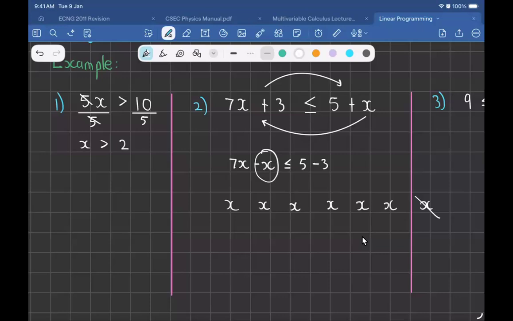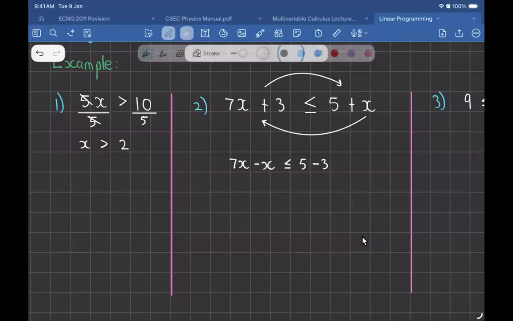How many x's do you have now? 6. Yeah. So 7x take away x is 6x. Do you understand that? Yes, sir. It's not 7x because you're taking away x from the 7. So now it's 6x. So that's going to be 6x.